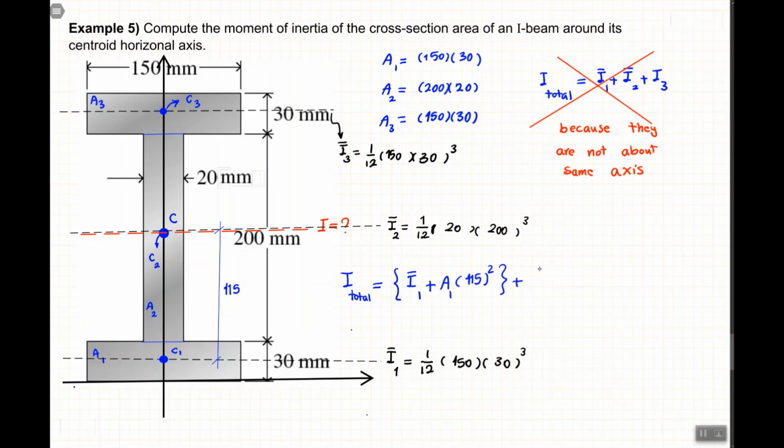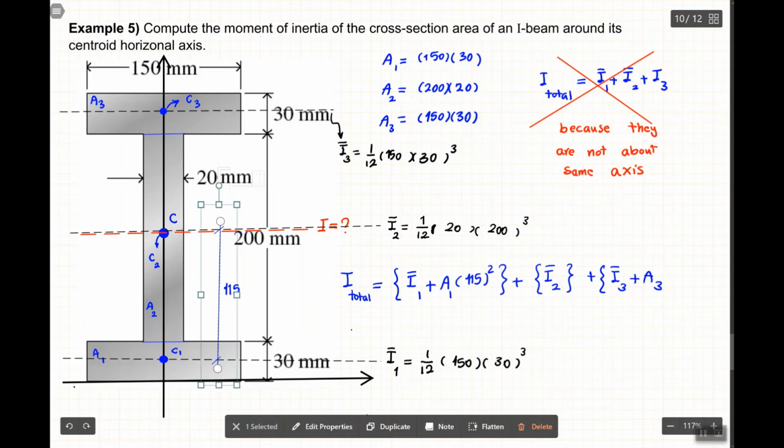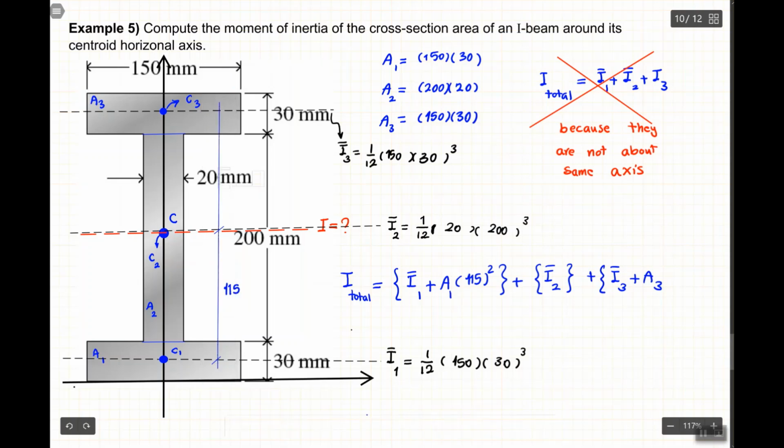What about I bar 2? We don't need to transfer it because I bar 2, see, the distance is 0. It's over there. And what about I bar 3? So this is I bar 3 plus A3, and again the distance between these axes and the one at the center, which probably it's easy to find out is exactly equal to the one at the bottom.